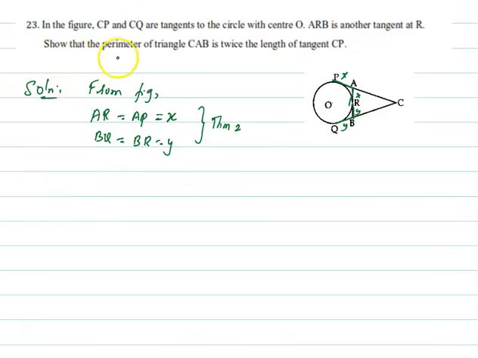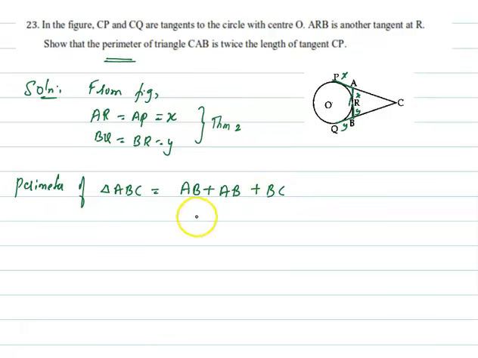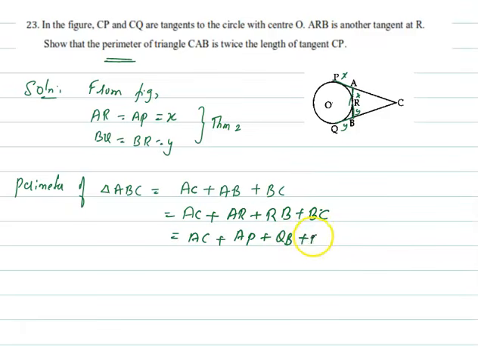Now I have to find the perimeter of triangle ABC. Perimeter of triangle ABC is equal to AC plus AB plus BC. By seeing the figure, can I split AB as AR plus RB? So now I get AC plus AR, which is equal to AP, plus RB, which is equal to QB, plus BC.